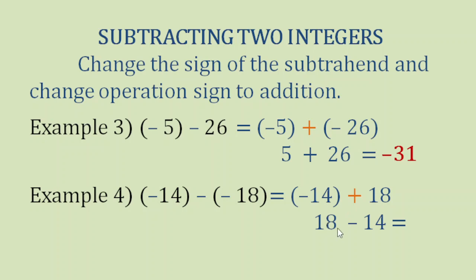So 18 minus 14 is 4. And then the sign of the integer with the greater absolute value, okay, it's actually 18, which has the greater absolute value, so it's positive 4, or we may not attach this positive sign. So the answer is 4.